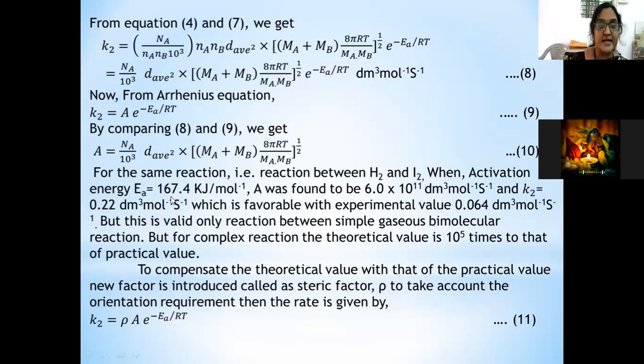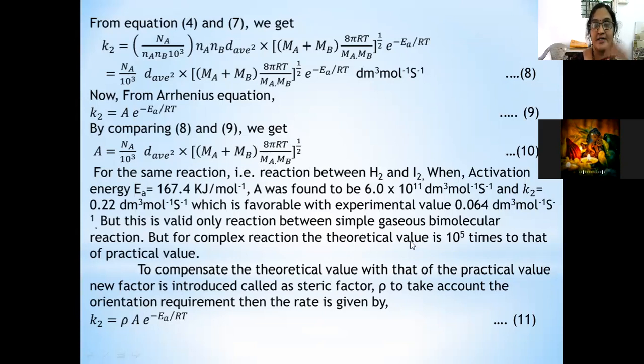So to compensate the theoretical value with the practical value, a new factor is introduced. It is called the steric factor. It is denoted by rho, which is inserted in the equation, and it is also called the orientation requirement. Why do we introduce it? To compensate the theoretical value with the practical value.